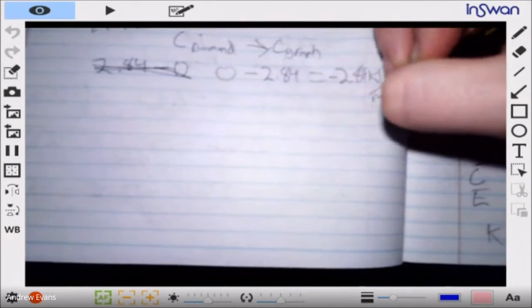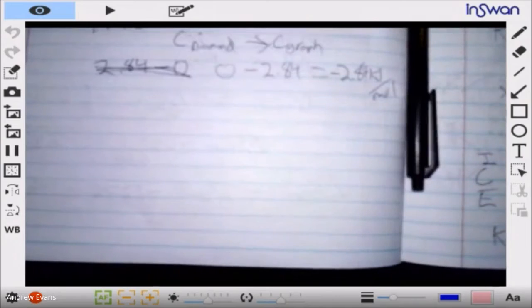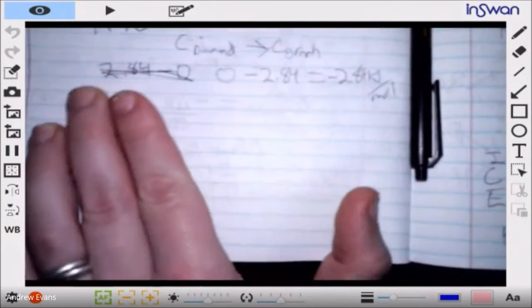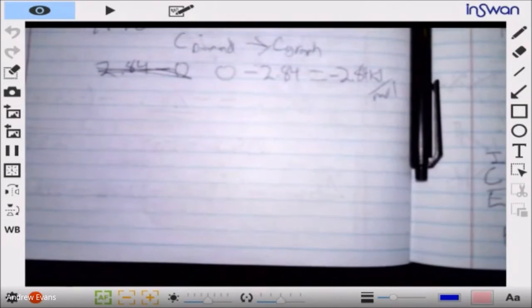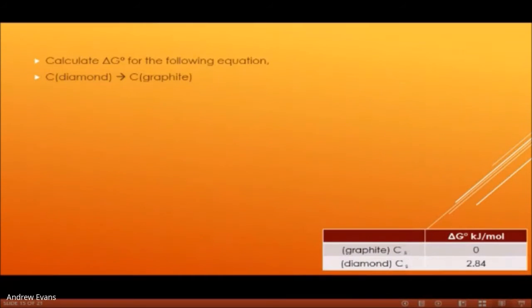Not very spontaneous, but interestingly enough, it is spontaneous. Diamond will degrade into graphite given enough time. However, once again, delta G is independent of kinetics.